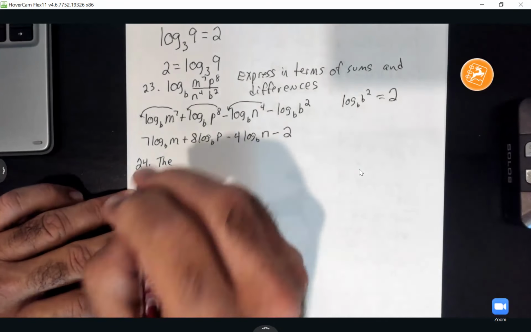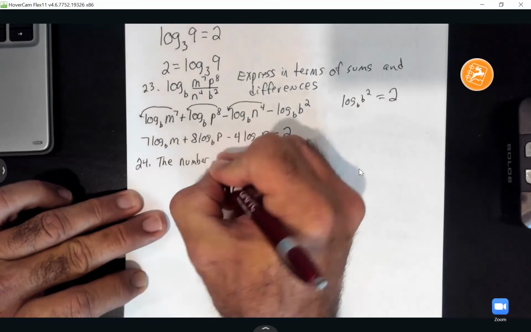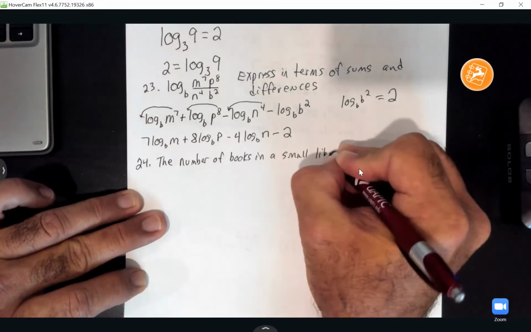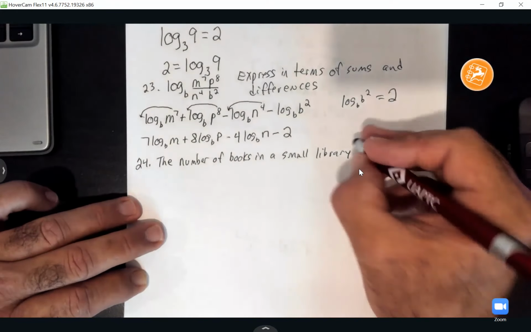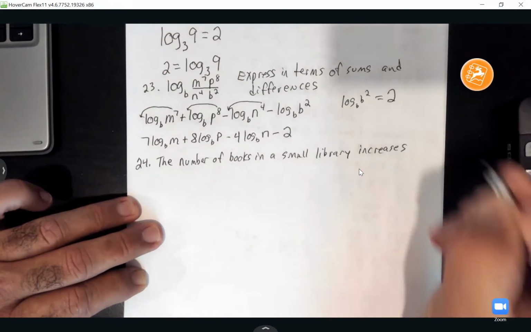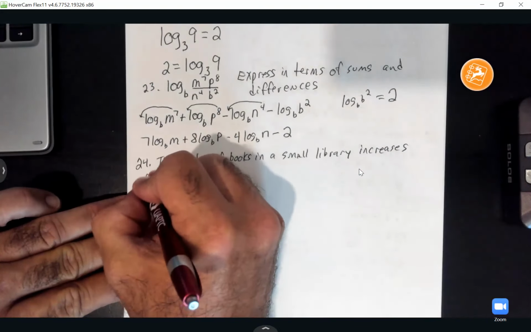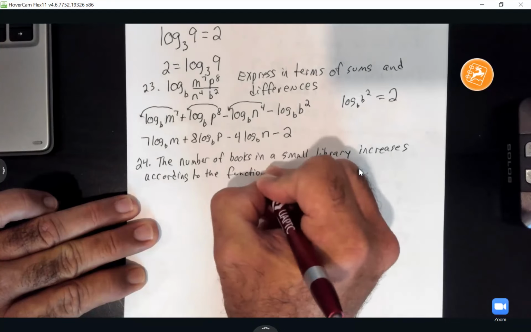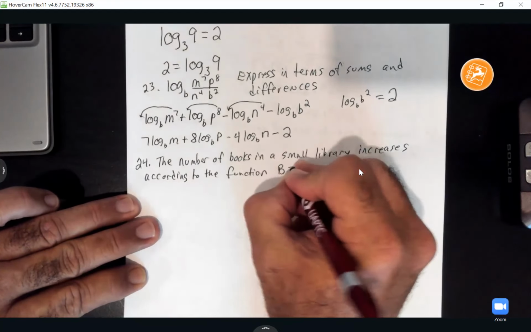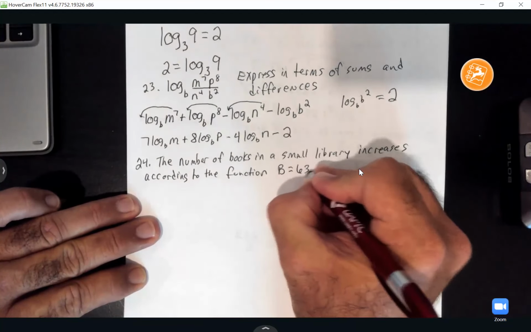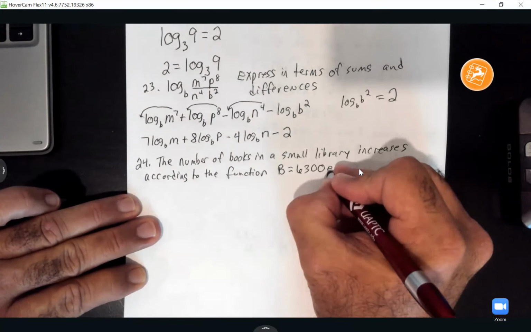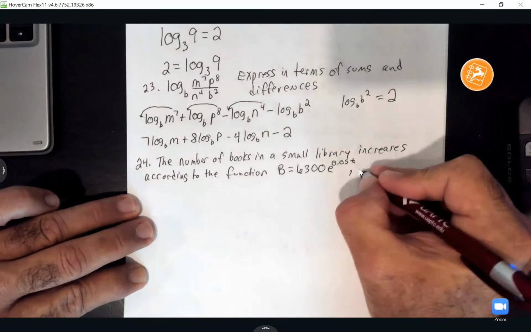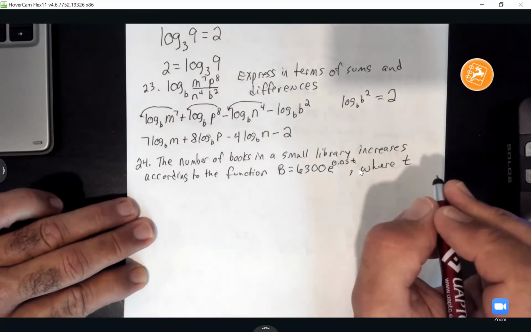So it says the number of books in a small library increases according to the function B equals 6,300 times e to the 0.05t, where t is measured in years.